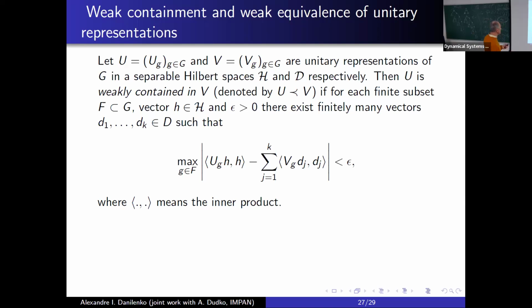Then U is weakly contained in V if for each finite subset F in G, for each vector in H, and for each epsilon, there exist finitely many vectors in K, such that this inequality holds for every g in F.